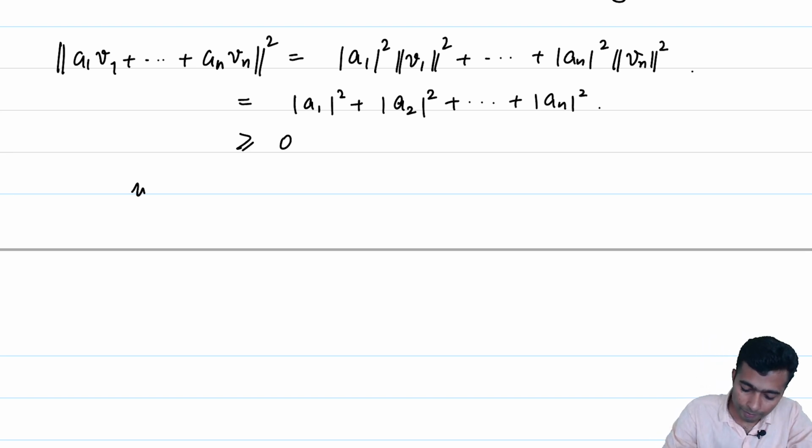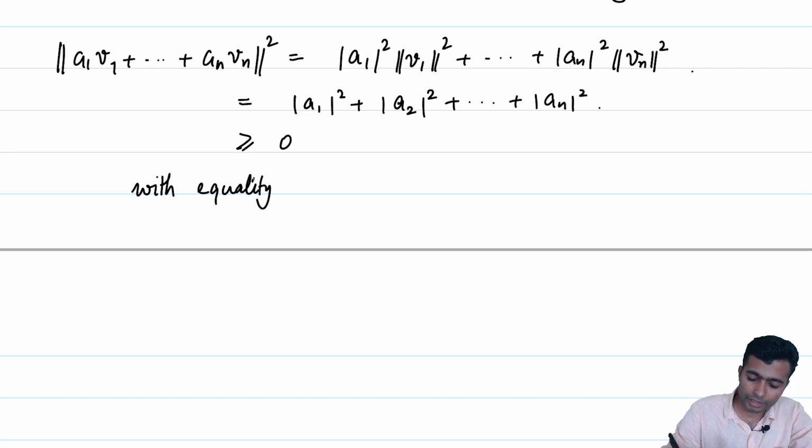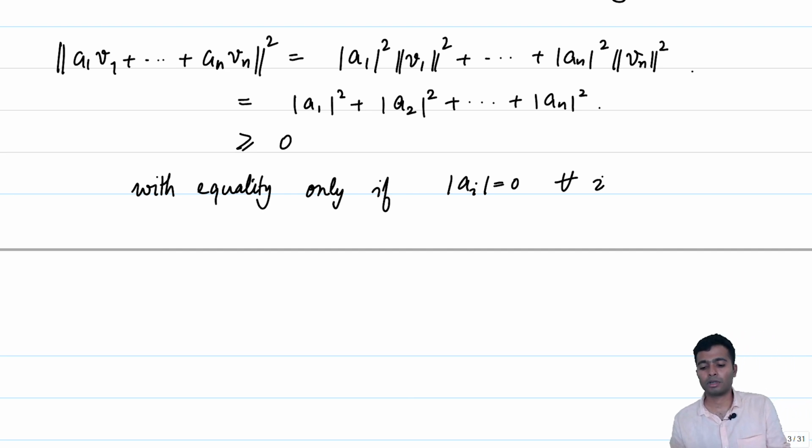With equality only if mod ai is equal to 0 for all i. So this will happen only if each of these positive numbers is 0. Even if one of them is non-zero, it will be strictly greater than 0, and therefore it cannot be equal to 0. So it is 0 means that each of them is forced to be 0.